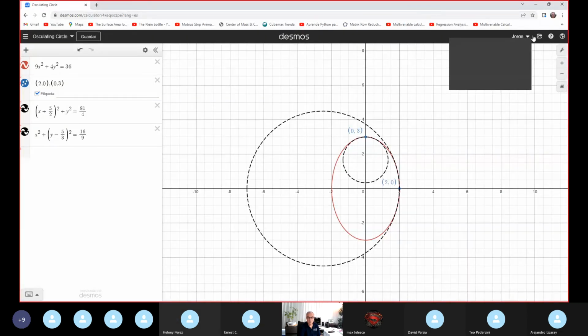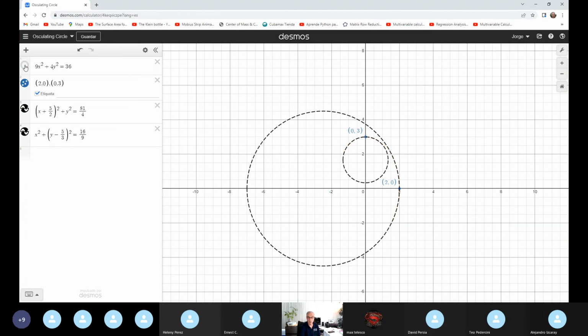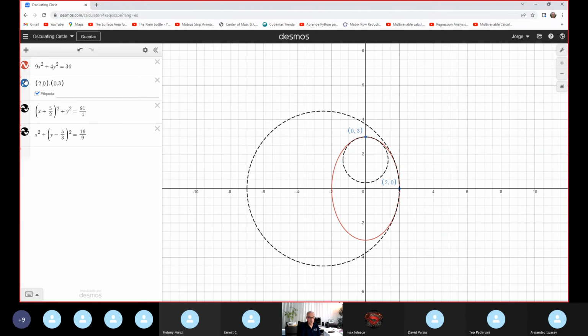Do you see decimals? Okay. Yes or no? Cool. Look at the curves in red color. Bam. It's what I gave at the beginning. The famous points are these, 2,0 and 3,0, and the osculating circle is this.